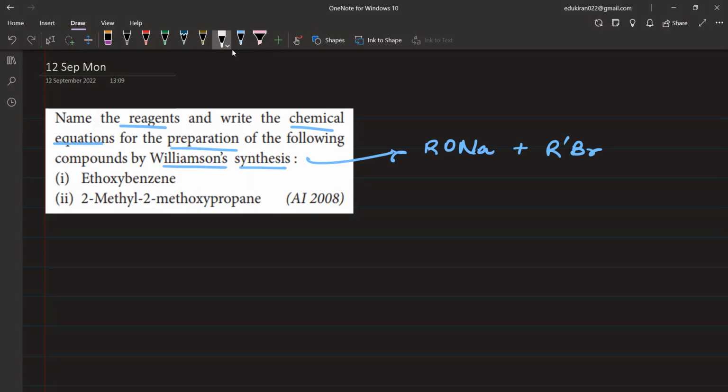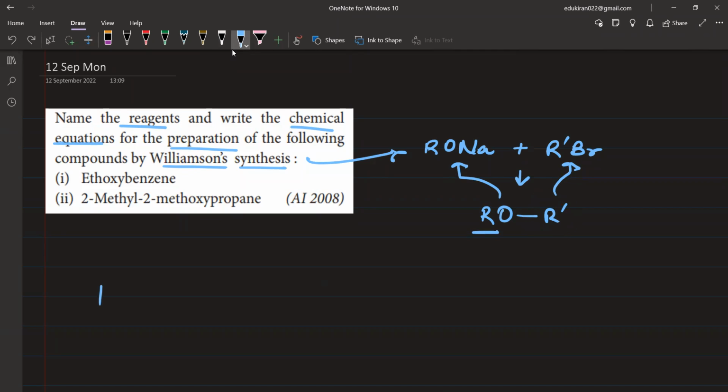Now, when I look at this ethoxybenzene here, let me also write the reaction for this. RO, this RO is coming from the alkoxide, and then the R dash is coming from the haloalkane. So we form an ether, and one alkyl group in the ether is coming from the alkoxide ion, and the other alkyl group is coming from the haloalkane.